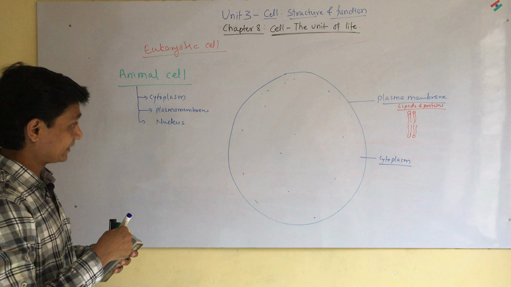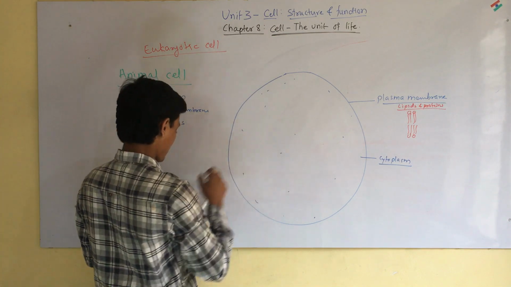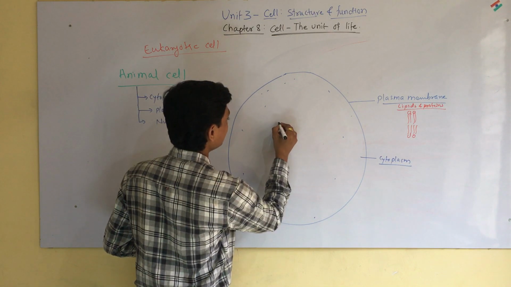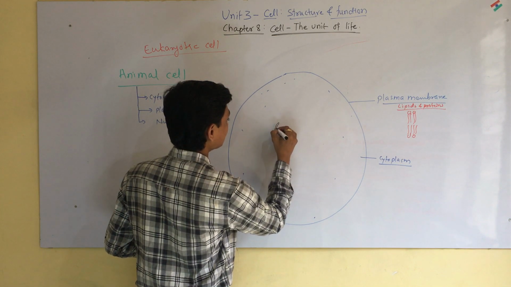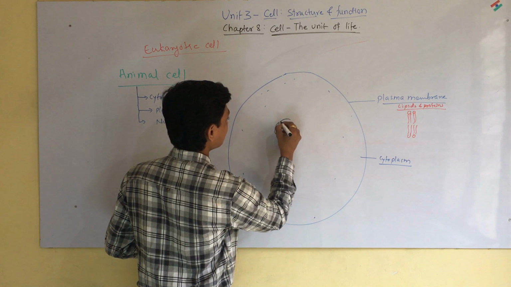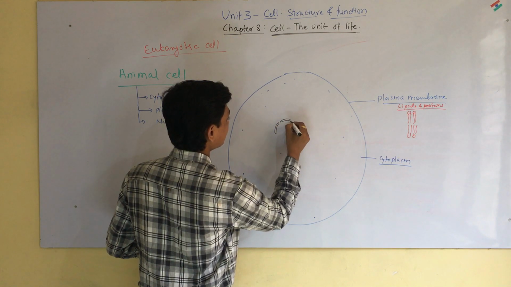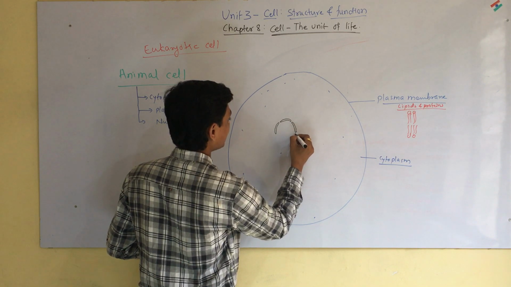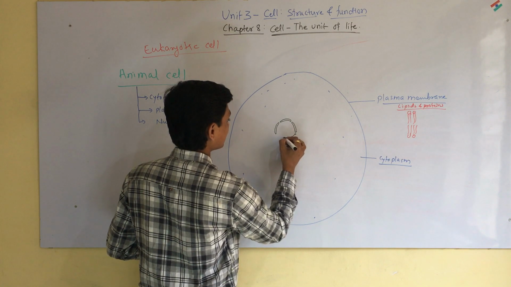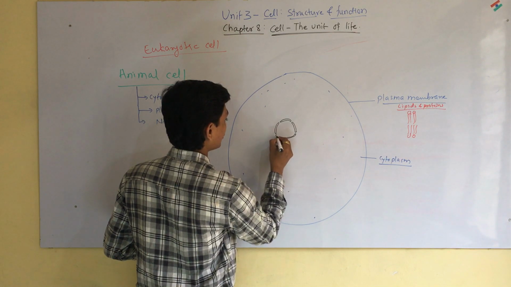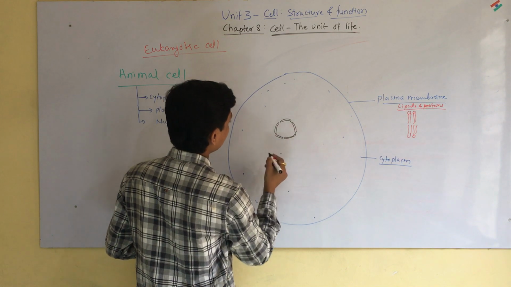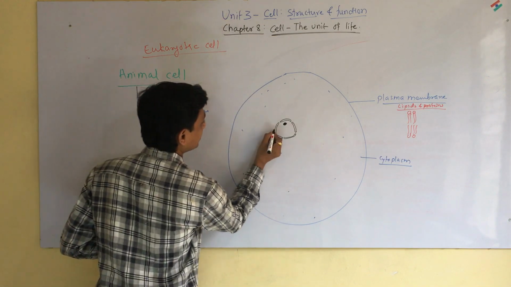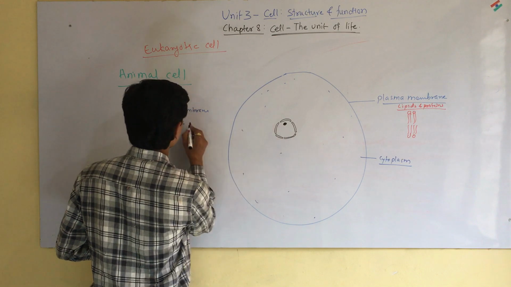And at the center of this cell one structure is present which is double layered, rounded and discontinuous, with some pores also present in the membrane. This is known as nucleus.